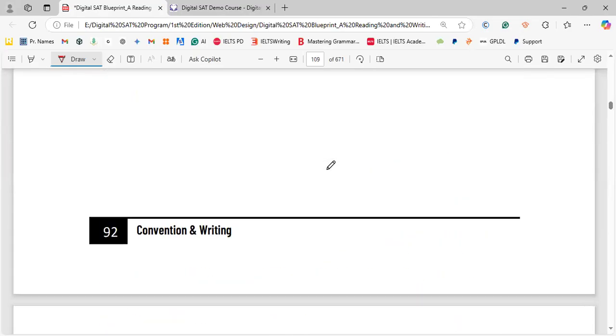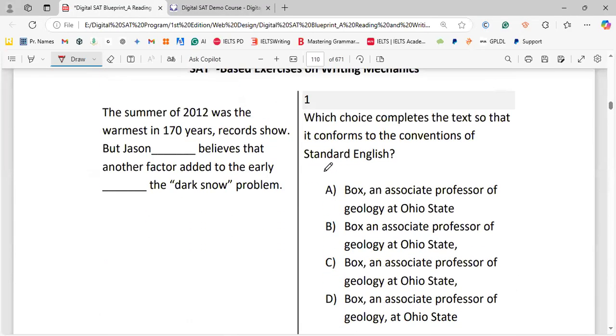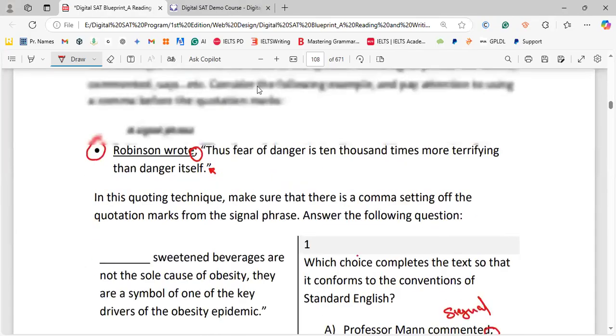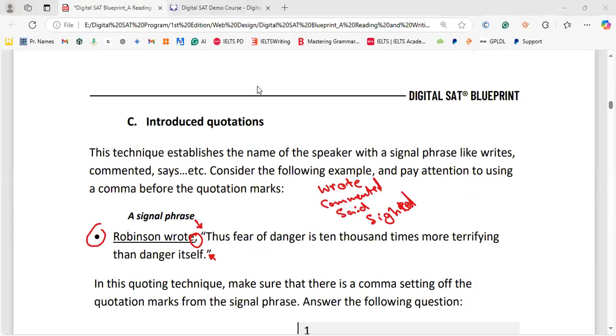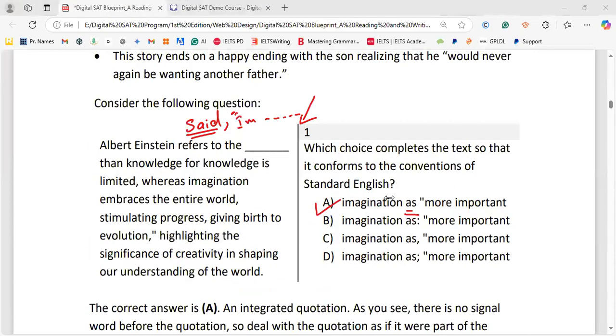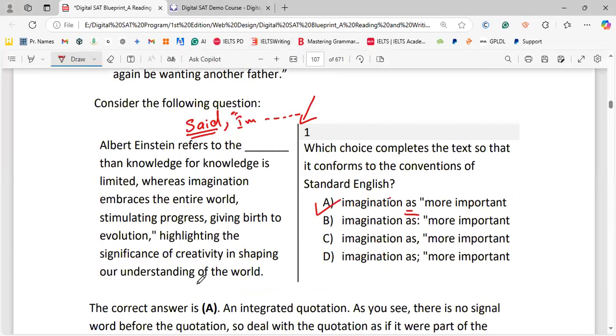Okay, guys, we're done with this part on mechanics. Do you have any questions before we go on, before we shift to something else? Why at the end of the quotation do we put a comma and then quotation signs? Ah, you mean this one? You mean here? Okay, thank you. That's a good question.